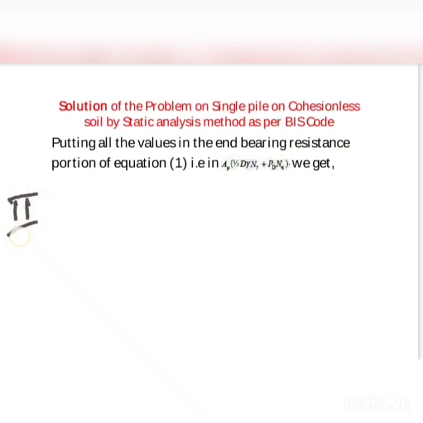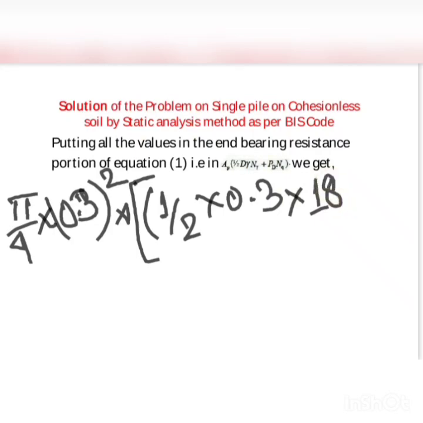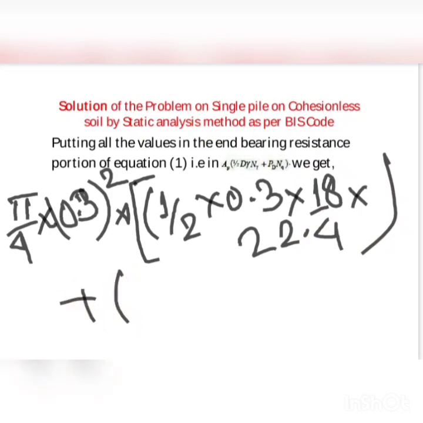It is pi by 4 into 0.3 whole square, the area of the pile tip, multiplied by half into D. D here is the diameter of the pile, so it is 0.3, into gamma, which here is 18 kilonewton per meter cube, and N gamma is 22.4, plus PD.